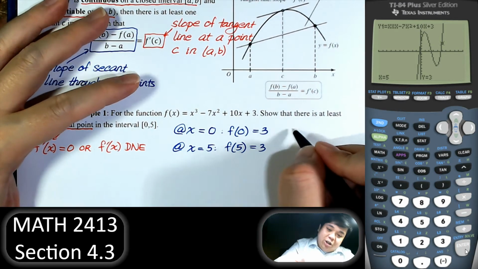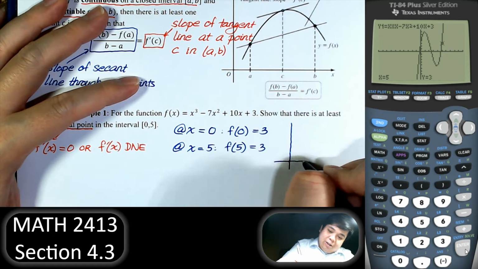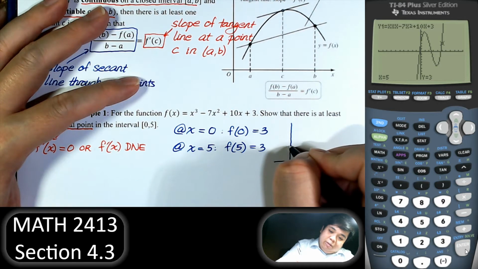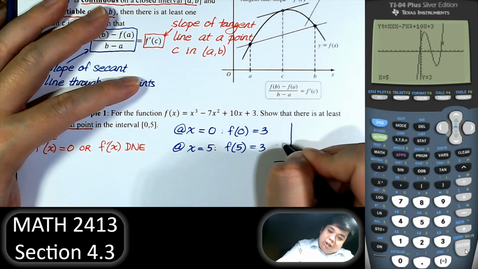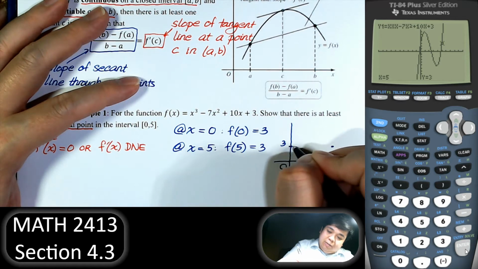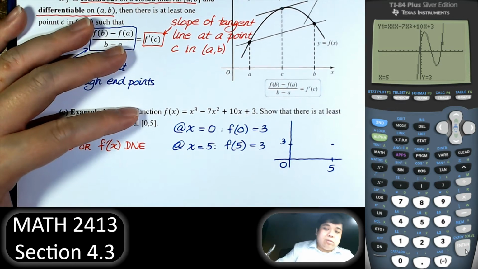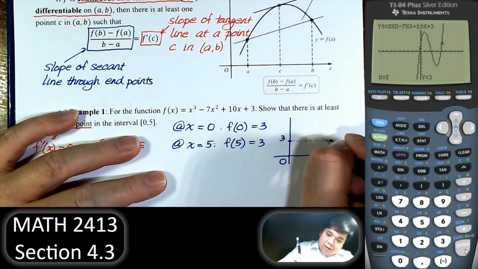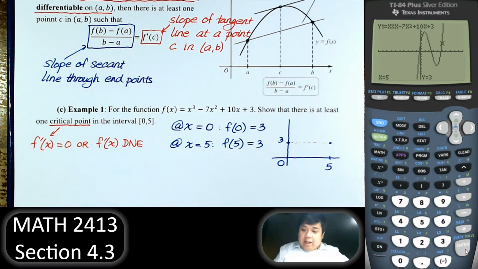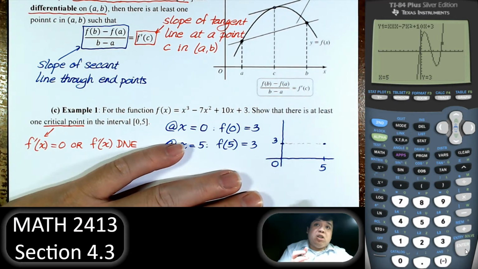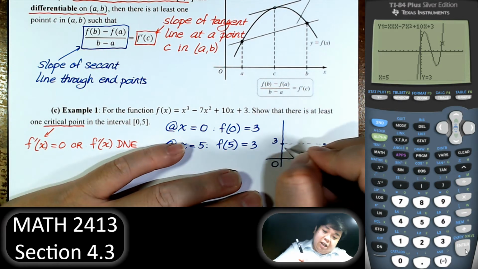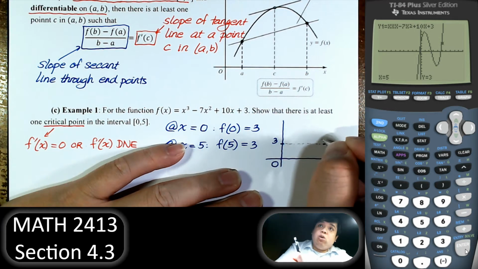Right, so we can sketch. Here's 0 and here's 5, both of them equal to 3. From the perspective of the mean value theorem, it doesn't matter if they are at the same level or not, or how the function goes.